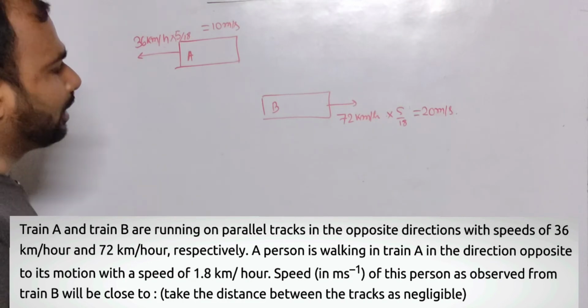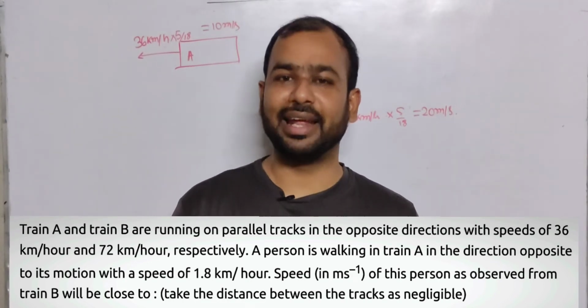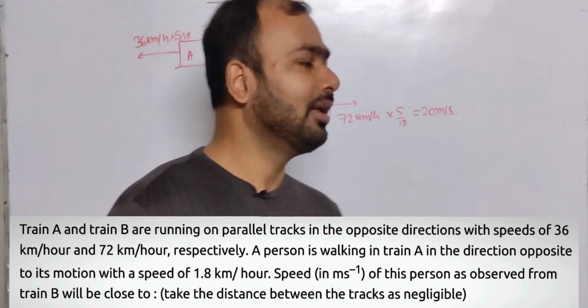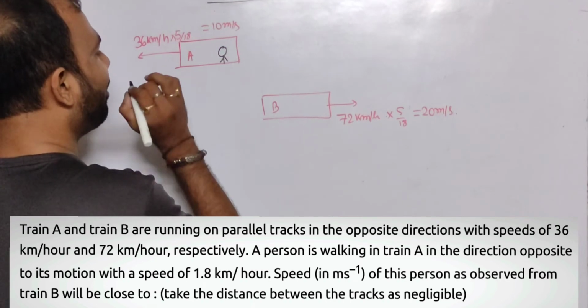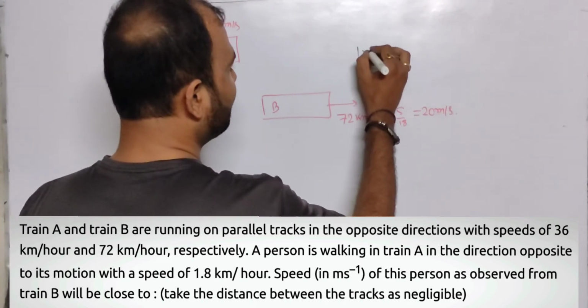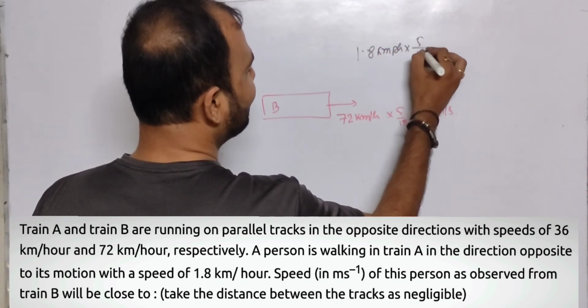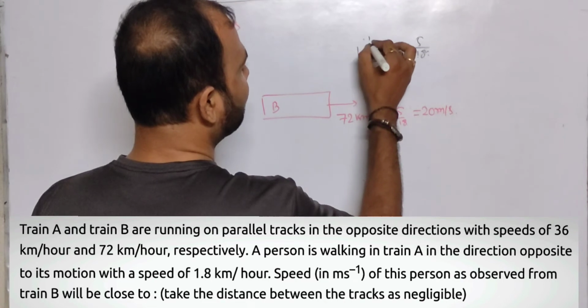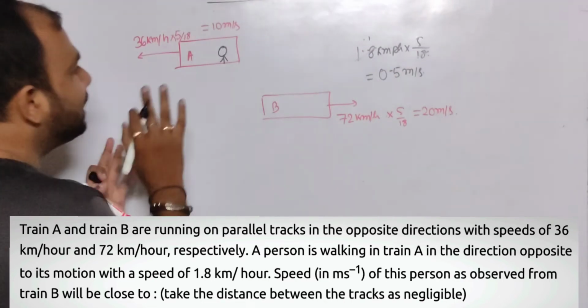Now, the question also tells us there are two observers sitting on train A and train B. An observer in train A is moving with 1.8 km per hour. Multiplying by 5 by 18, that is 0.5 meter per second, opposite to the motion.